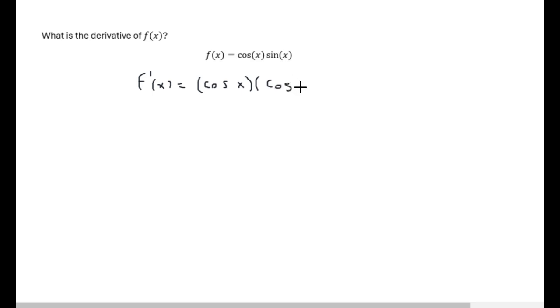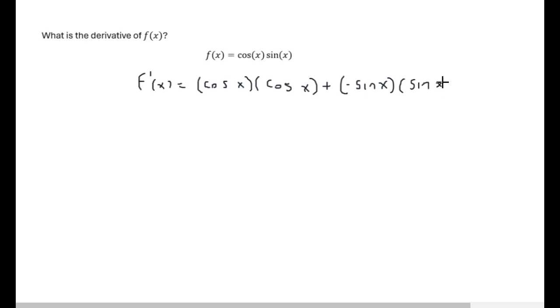We're applying the product rule here. And now the derivative of cosine x is negative sine x, and then we keep the sine of x as it is.